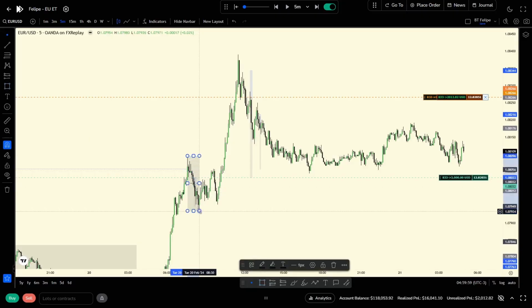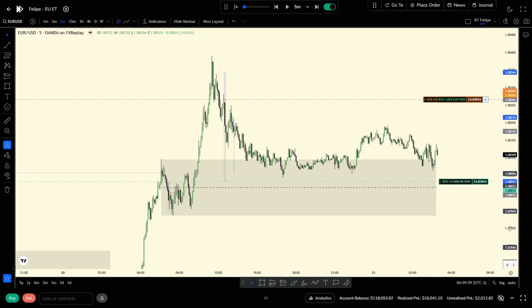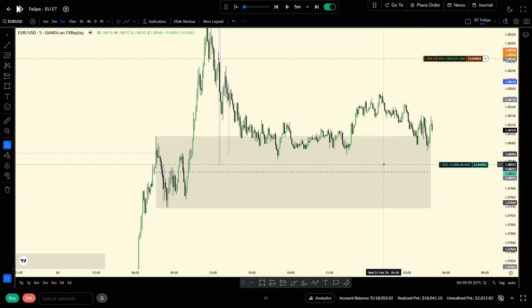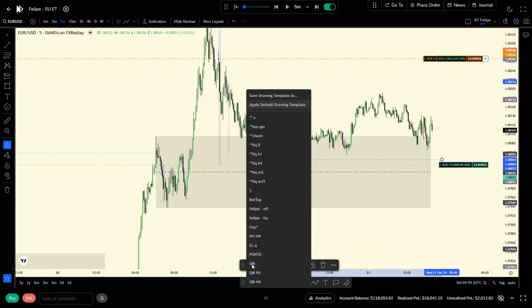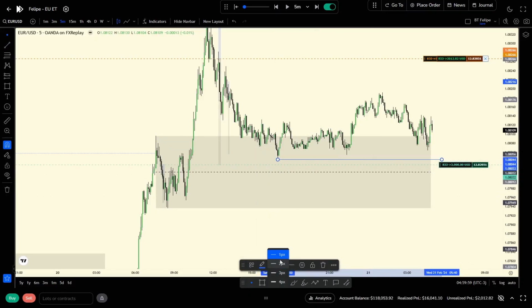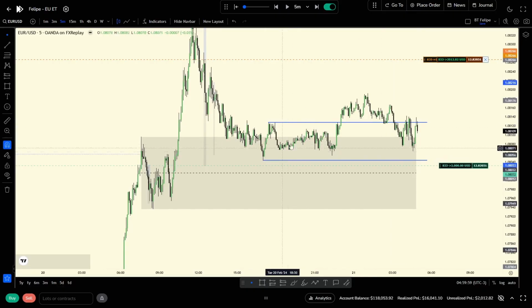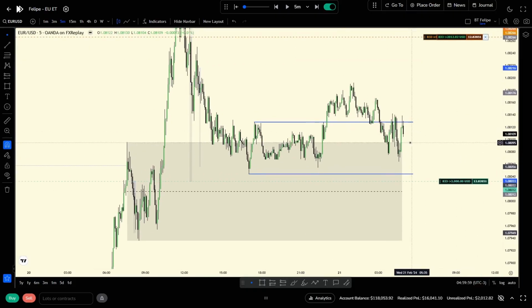Price is consolidating in this demand area. I think here. If this is Wyckoff, price is looking bullish.